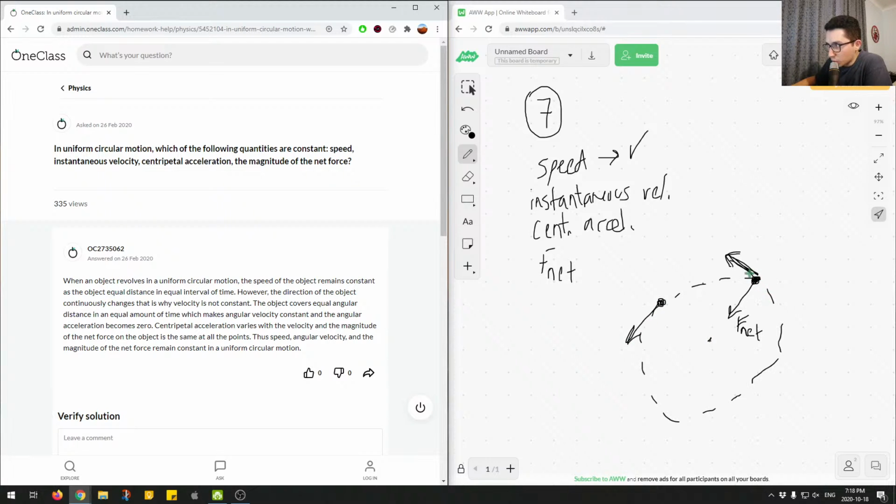We can see that the direction has changed. As we're talking about velocity, we're talking about magnitude and direction. We can see that the magnitude is the same, but the direction has changed. So therefore, in this situation, you would say instantaneous velocity is not constant for uniform circular motion. So let's look at the next situation. Centripetal acceleration.